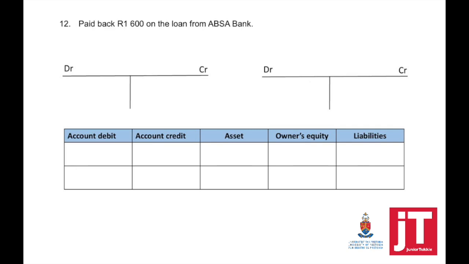Transaction number 12, paid back 1,600 on the loan from Absa Bank. So when we make a payment, bank is involved. What payment did we make? We paid back the loan, and we have to be specific by writing the name of the financial institution. In other words, where did we borrow the money from? Bank is regarded as an asset, which will increase on the debit side and decrease on the credit side. Loan, a liability, minus debit plus the credit side.